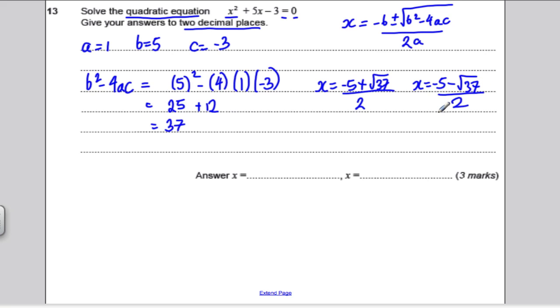Then you can work those out on your calculator. So on the one hand, you get x is 0.54 to 2 decimal places. And on the other hand, you get minus 5.54 for the other one.